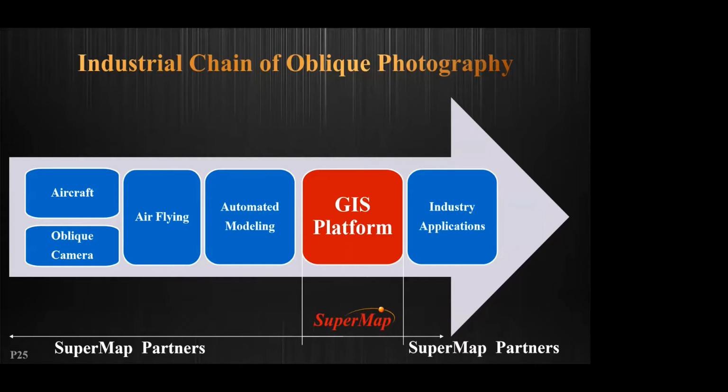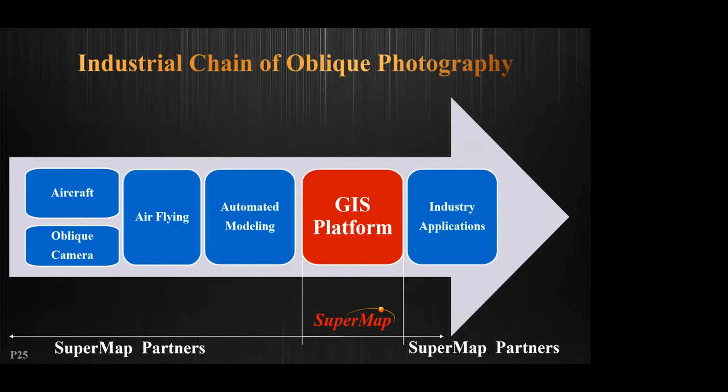And talking about the industrial chain of oblique photography, SuperMap, which means the GIS platform, plays only one part in the industrial chain.